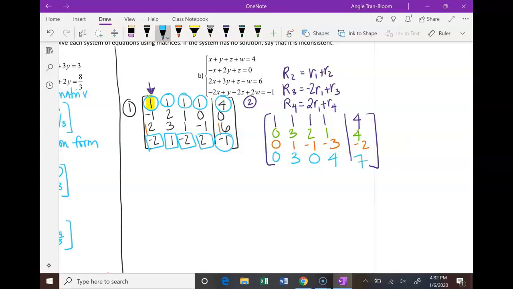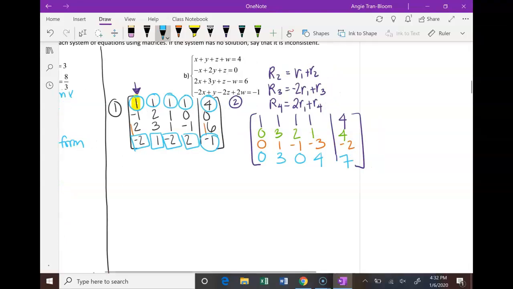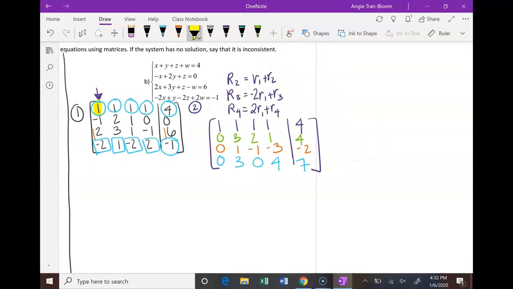So let me double check: 0, 3, 0, 4, 7. Good. So step number 2 is done. I have accomplished the ones and the zeros for my column number 1.